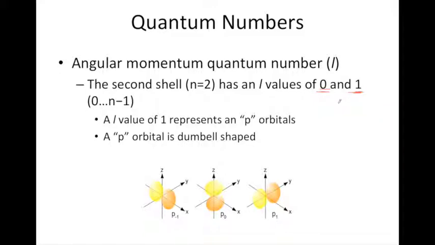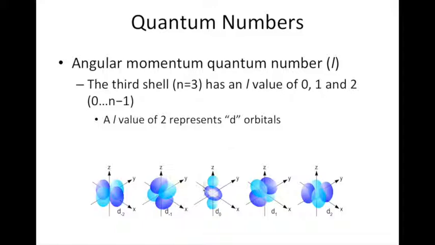Remember, the L value gives us information about the shape of the orbitals in a particular shell. So the L value of 1 represents P orbitals, and the P orbitals are shaped kind of like this, dumbbells. And as we'll see, there are actually 3 of these, and we'll show you how we know that in just a minute.